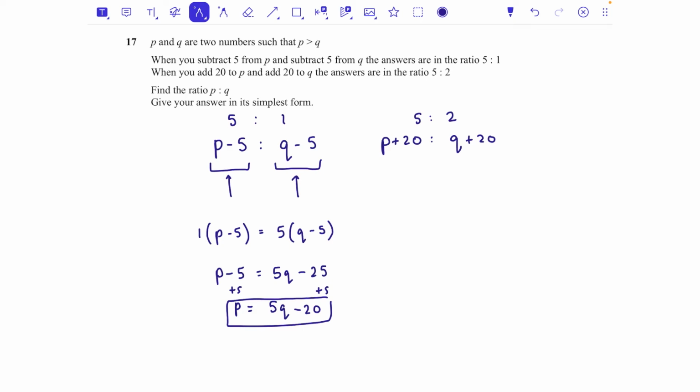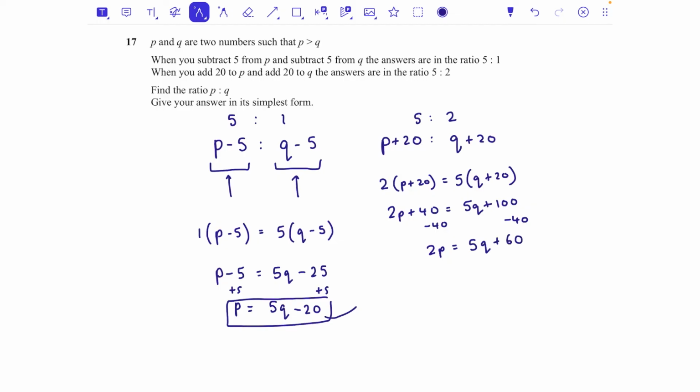And then on this side, I know that 2 lots of P add 20 would be equal to 5 lots of Q add 20. So 2P add 40 equals 5Q add 100, and I'm going to take 40 away from both sides, so 2P is 5Q add 60.